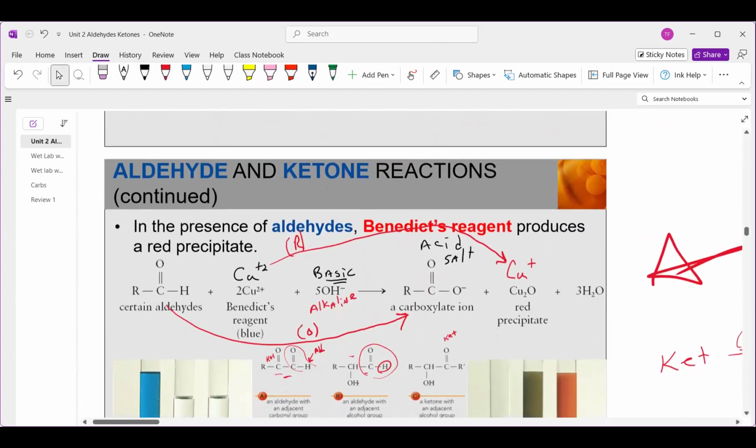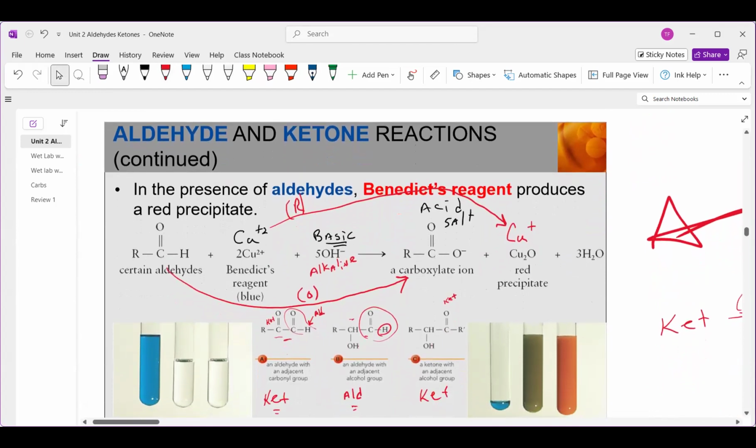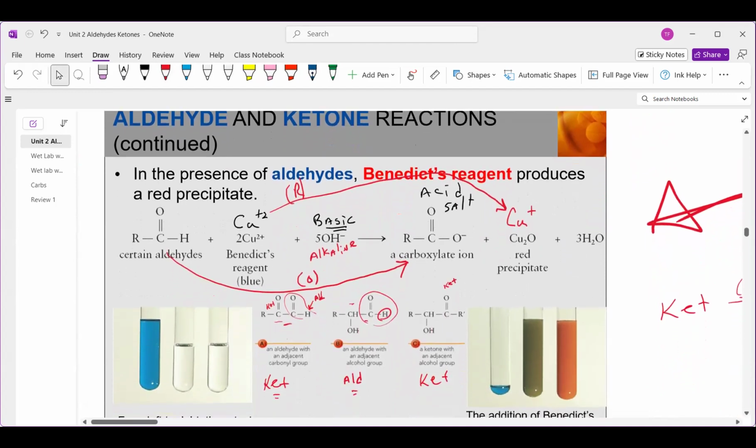Another reaction is called Benedict's reaction, and it's almost the same reaction, except we're not using silver, we're using copper. Same thing though. The aldehyde gets oxidized to the acid. The copper 2 plus gets reduced to 1 plus.